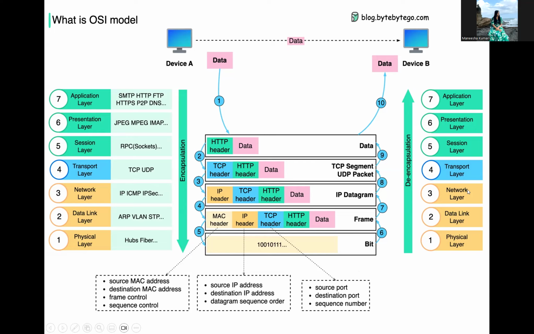Then it forwards the data, and then the IP header is decapsulated, and so on. In that way, finally, the decrypted data arrives at system B, and the receiver is able to read the data. So yes, all these things happen at the OSI layers.